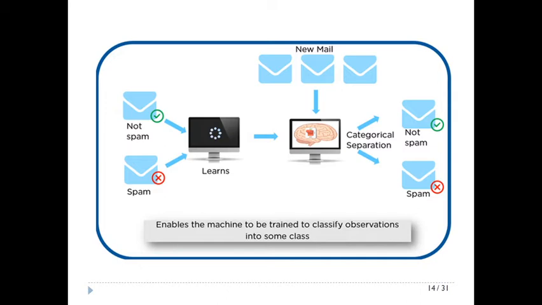Then we have one more example. If you have the model, you know which one is the spam mail and which one is not a spam. Once you classify that this is spam and this is not, because manually you will also be doing it, depending upon that behavior the algorithm is going to learn.